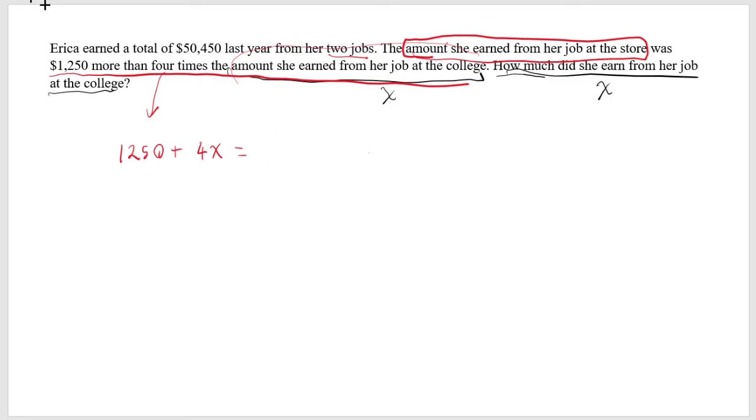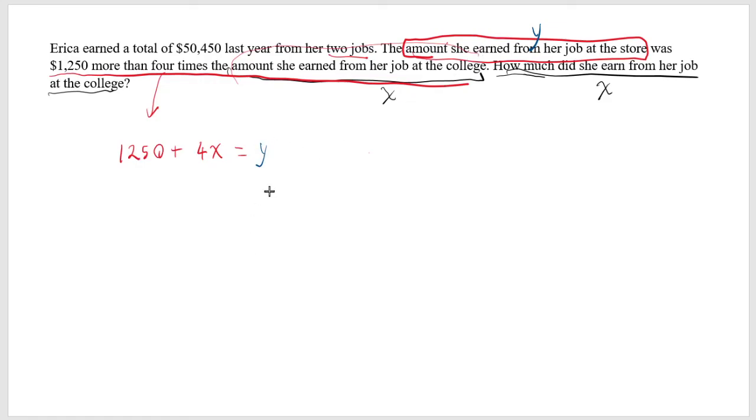However, often, despite the fact that the system of linear equations will appear later, it's actually a lot easier to just use a system of equations. So let's do the following. I'm going to call the amount she earned from the other job y. So since 1250 plus 4x is the same as this amount, we're going to say it's y.